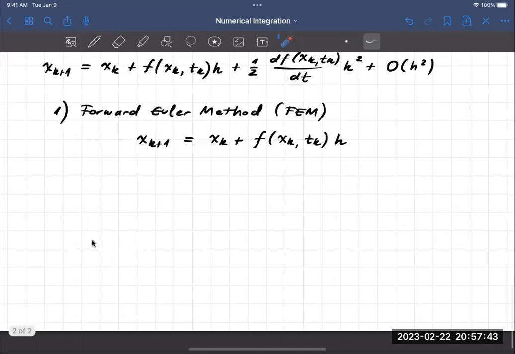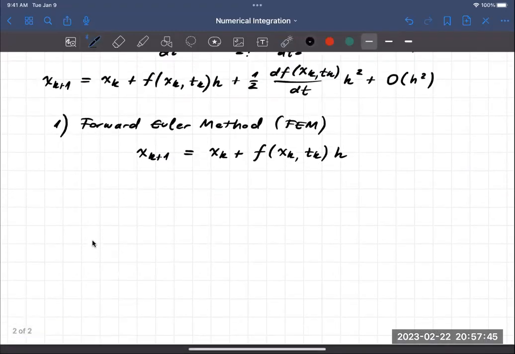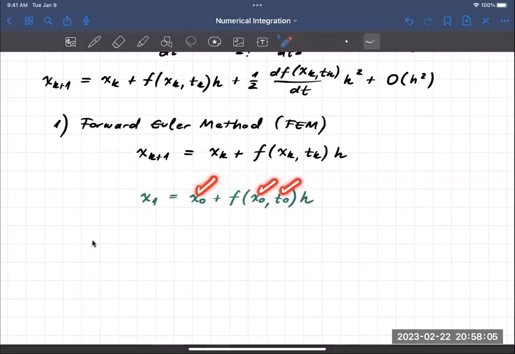What we can do here is x of 1 is going to be x of 0 plus f of x0, t0 times h. We know x0, we know t0, and we know the time step, which is given for some simulation.